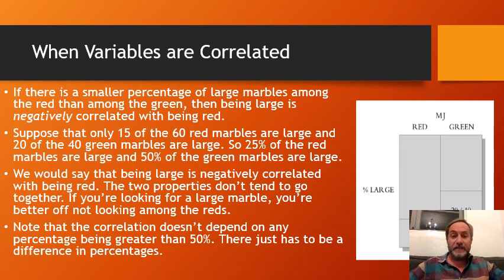So we would say being large is negatively correlated with being red. In other words, the two properties don't tend to go together. If you're looking for a large marble, you're better off not looking among the reds. You've got a better shot looking among the greens. Notice that the correlation doesn't depend on any of these percentages being greater than 50%. There just has to be some difference in the percentages. That's all it takes to get a correlation.